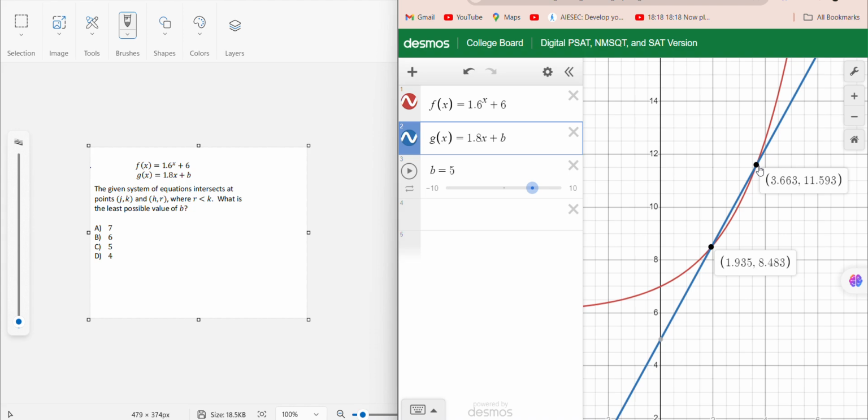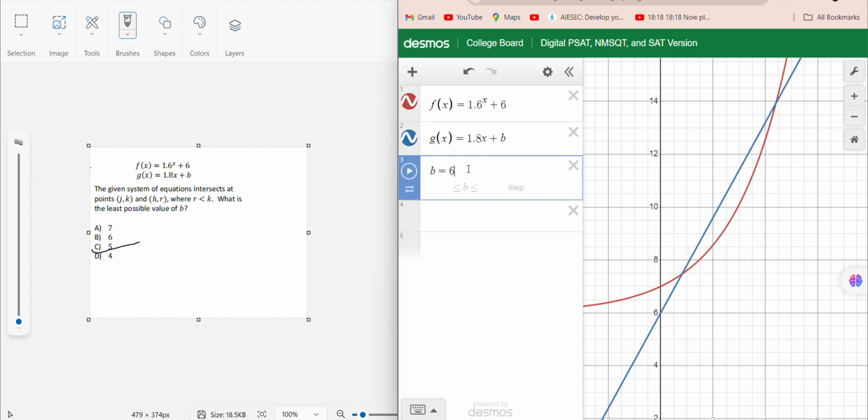So it satisfies both conditions, and b is the minimum in this case. So our answer is C. When b equals 6, it also intersects at two points, but we already have 5, which is less than 6. So the least possible value of b is 5. We can solve this kind of question easily using Desmos.